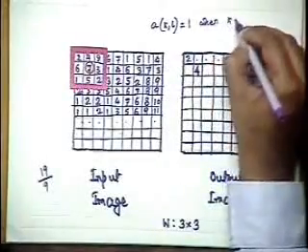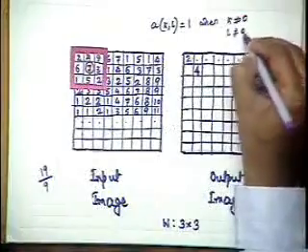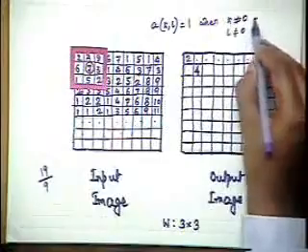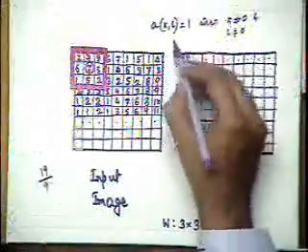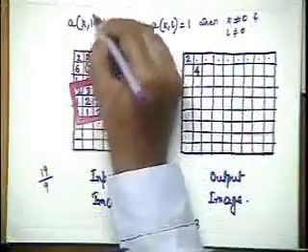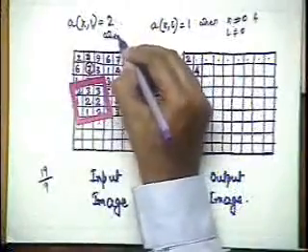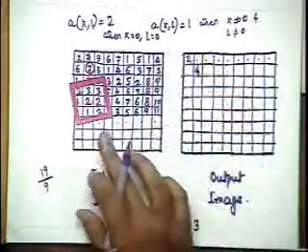That means to say, I am considering AKL equal to something else. Let us say I consider that AKL is equal to 2 when K is equal to 0 and L is equal to 0, and AKL is equal to 1 otherwise. What will I be doing?